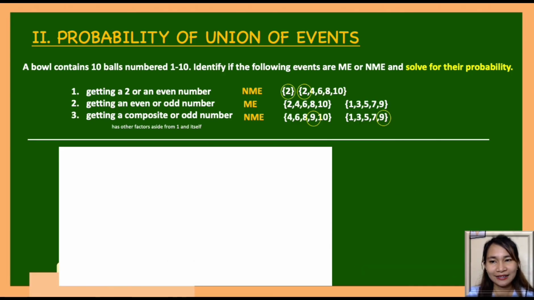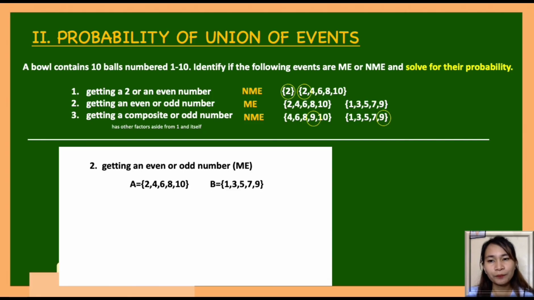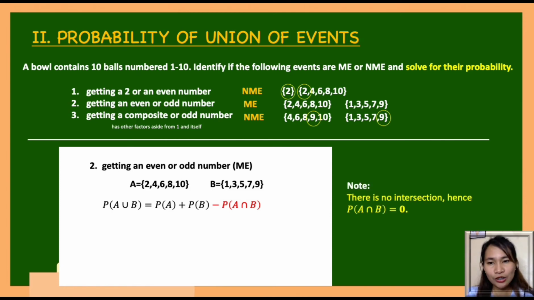For number 2, getting an even or odd number, we already identified the events as mutually exclusive. Therefore, they don't have an intersection, so their intersection is 0. We're just going to add the probability of A and the probability of B. A is the possible outcomes for even numbers, and B is the possible outcomes for odd numbers.